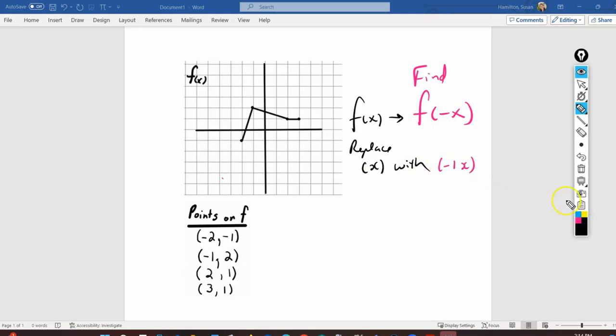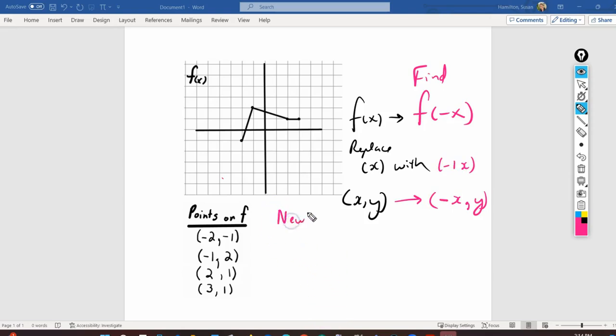So from our chart, my original points on function f will become new points. They will have the same y coordinate, but the x coordinate will be new, and it's going to be the old x coordinate times the flip of -1. Well, the flip of -1 is just -1.